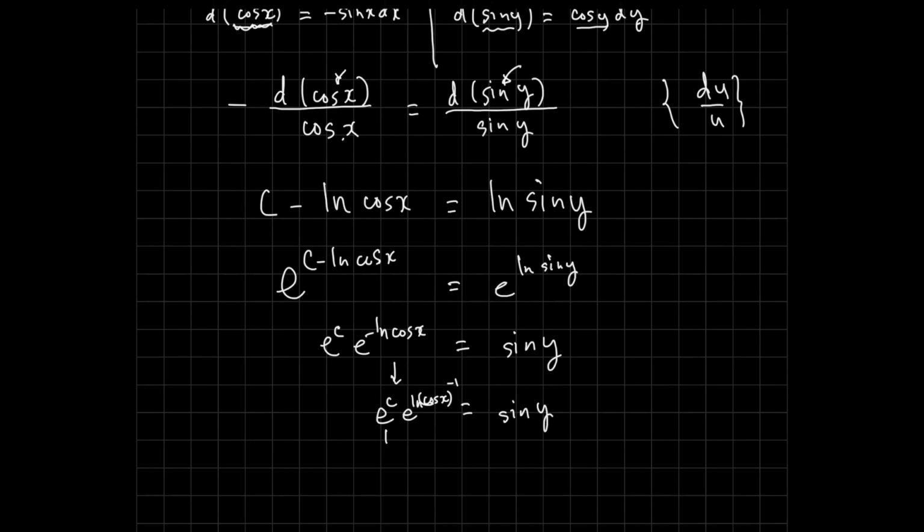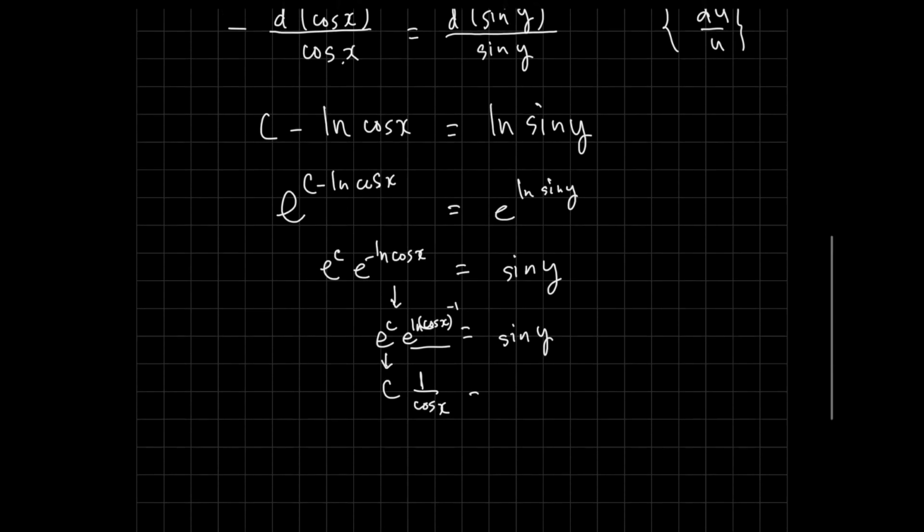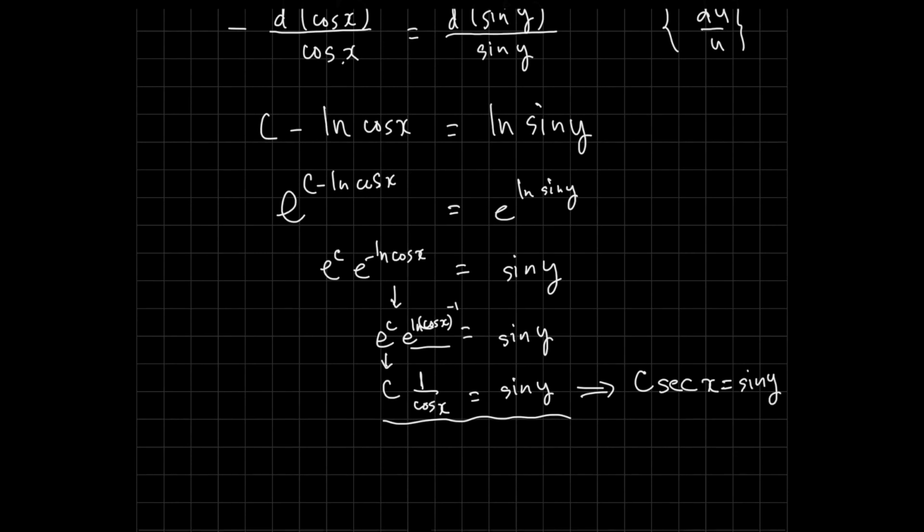Now I'll just call this c, and this bit here just becomes 1 over cosine x. You have sine y on the other side. And this could be your solution, or you might want to write it without the denominator, so that becomes c secant of x equals sine y.